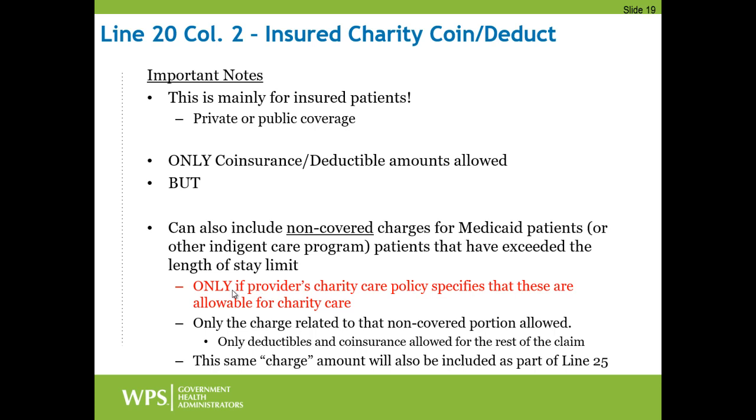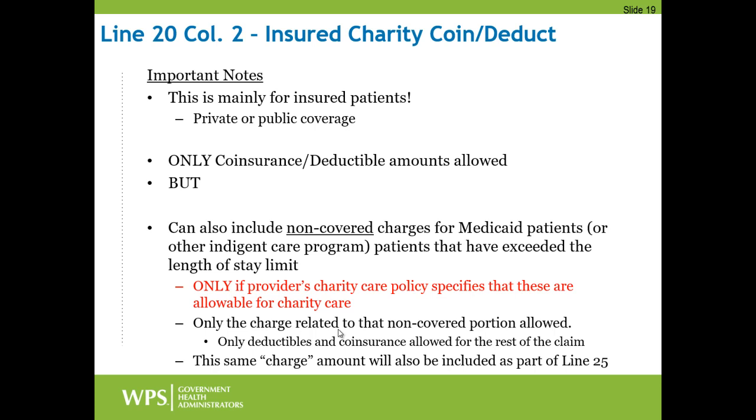As we've repeated multiple times, it has to be in the provider's charity care policy before any of it would be included. So we only want the charge related to that non-covered portion due to the exceeded length of stay limit situation. So even though generally speaking column 2 is deductible and coinsurance, there's going to be a charge amount included in that overall total as well for just those claims.